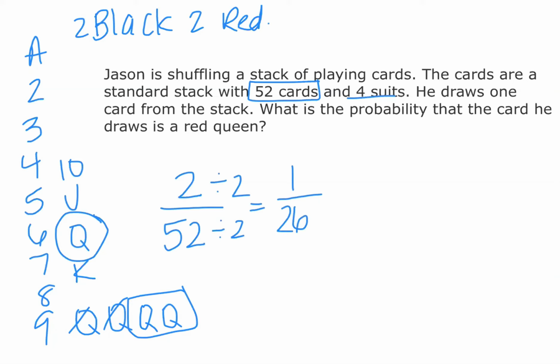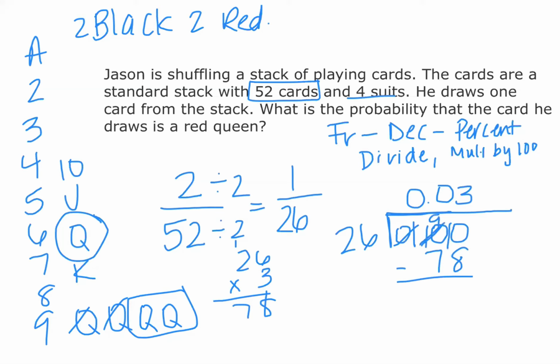So what do we divide? 1 by 26. 26 goes into 1 0 times. We add a decimal and a 0. 26 goes into 10 0 times. We add another 0. 26 goes into 100 3 times. 26 times 3 gives me 78. I subtract. 10 minus 8 is 2. 9 minus 7 is 2.